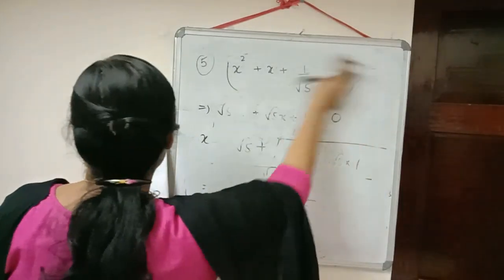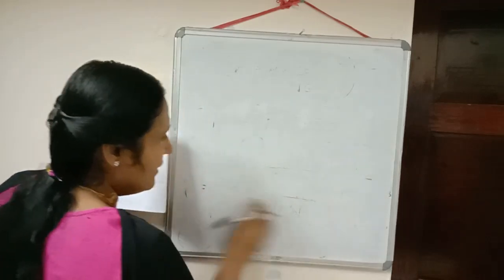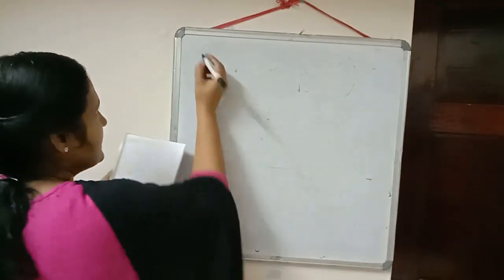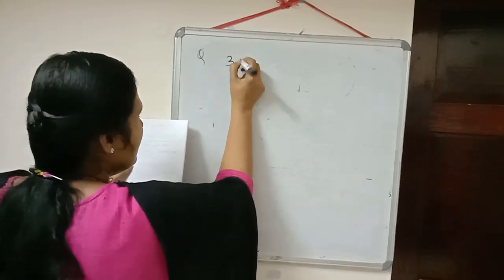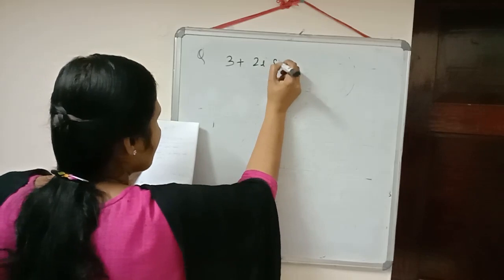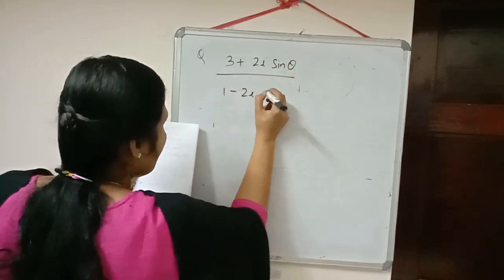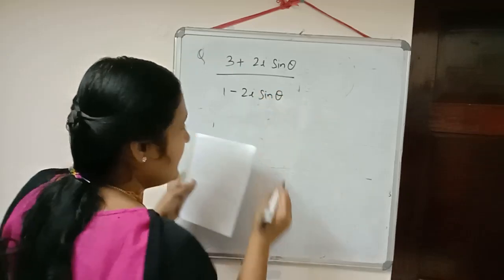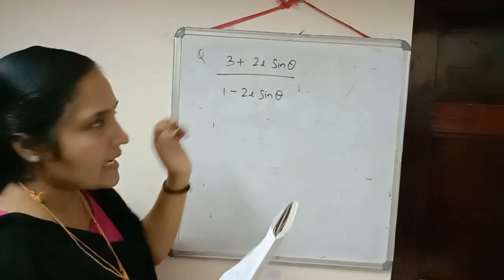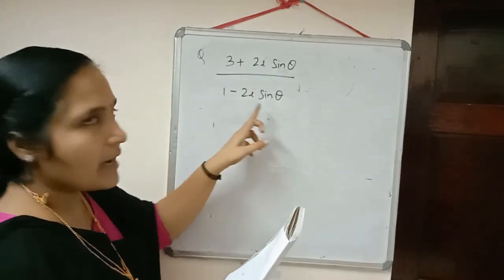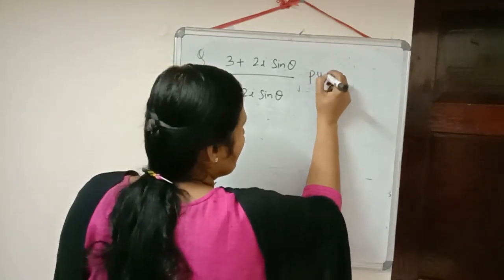Next question is: find real theta such that (3 + 2i sin theta) by (1 - 2i sin theta) is purely real.